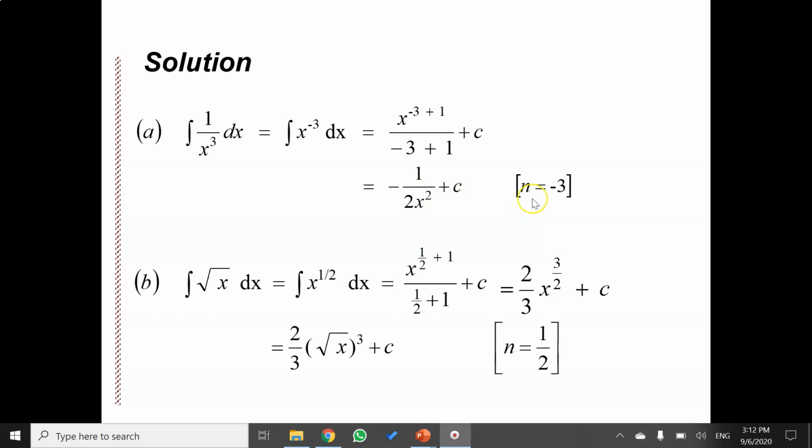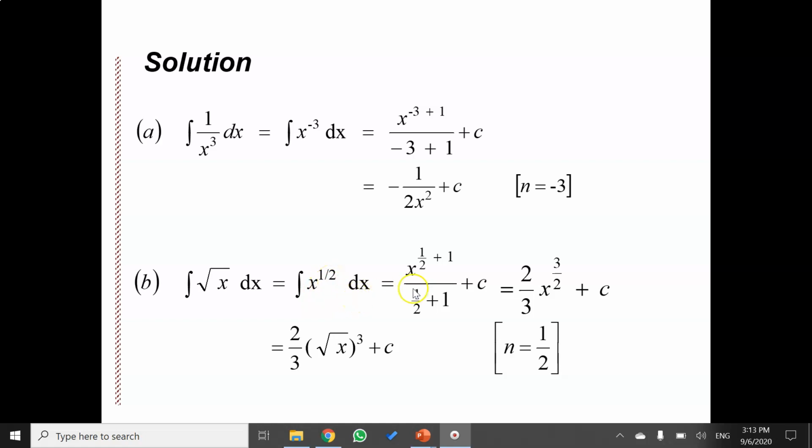And remember here you have n equal to negative 3. This is your n, the power. In this case, your n is negative 3. Okay, for B, integrate square root of x dx. Remember, square root of x is actually equal to x to the power of half.